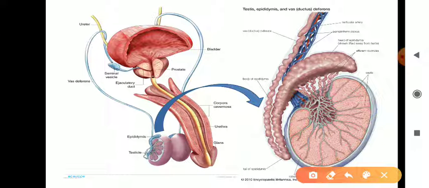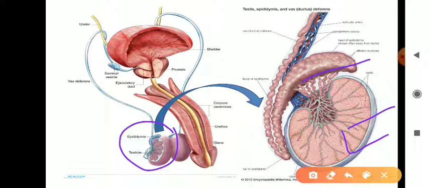In this picture we can understand the anatomy of the male reproductive system. So this is the epididymis and testicle. In the cross section of this picture we can mainly see the epididymis and testis.